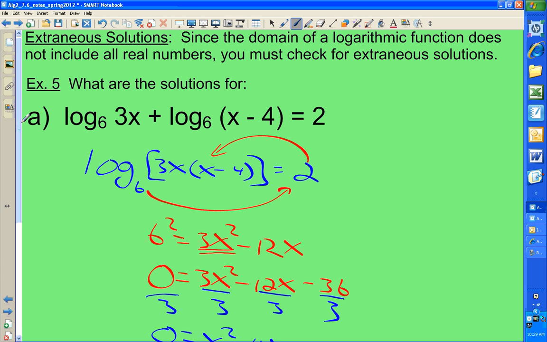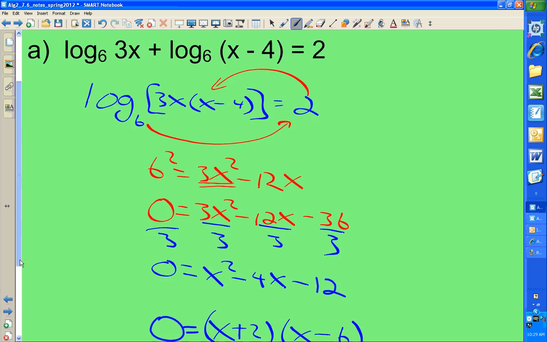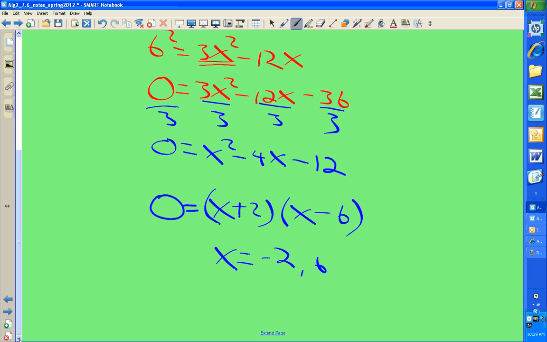Both positive, all good. So we'll keep the 6. Your final answer needs to be just x equals 6, just the way I'm showing it to you. Don't make it a mystery for me. So box in that answer, highlight it, circle it, whatever.